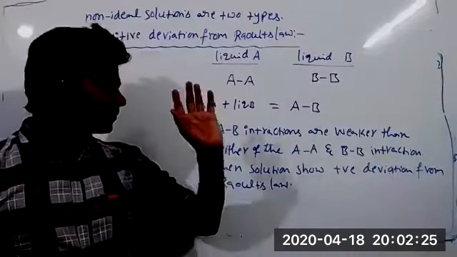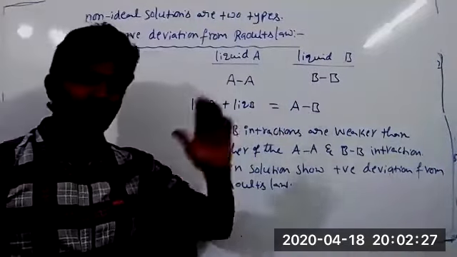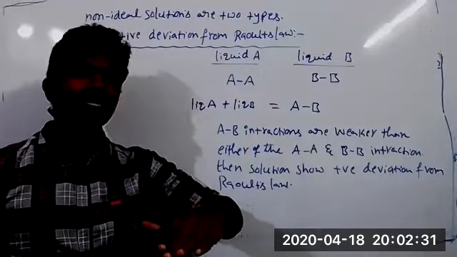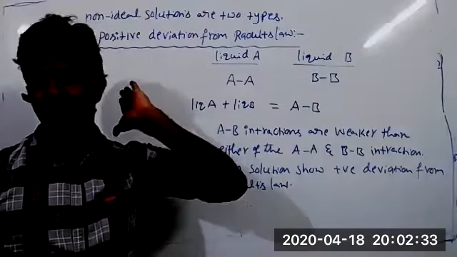See, if AB interactions are weaker, the components in the solution easily convert to vapor. Is it correct or not?